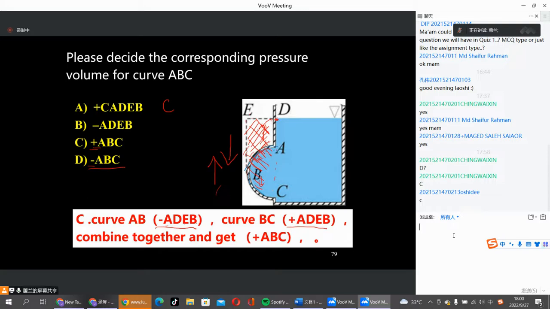For BC, it should be ADEBCA. So AB plus BC gives ABC, and it's positive because it's true pressure volume. So the answer should be C.